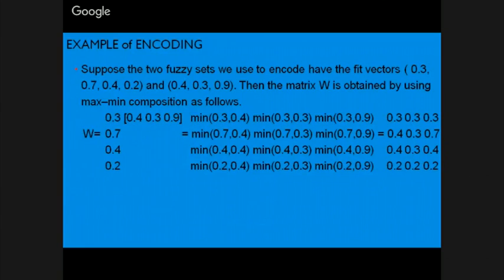Then we come to the last element in the row vector, so we find the minimum of 0.3, 0.9, 0.7, 0.9, 0.4, 0.9, 0.2, 0.9. When we take the minimum, the weight matrix will be 0.3, 0.3, 0.3, 0.4, 0.3, 0.7, 0.4, 0.3, 0.4, 0.2, 0.2, 0.2. So this is your weight matrix between field A and B.